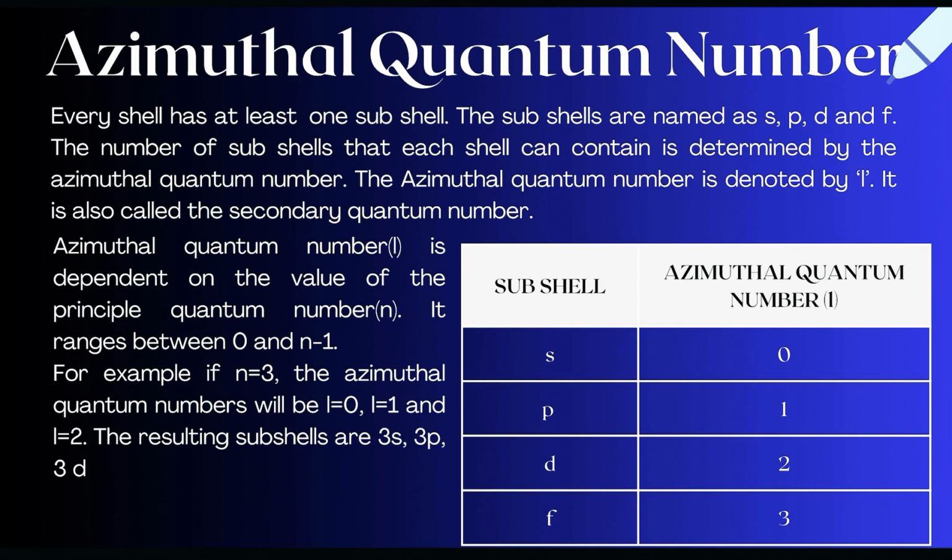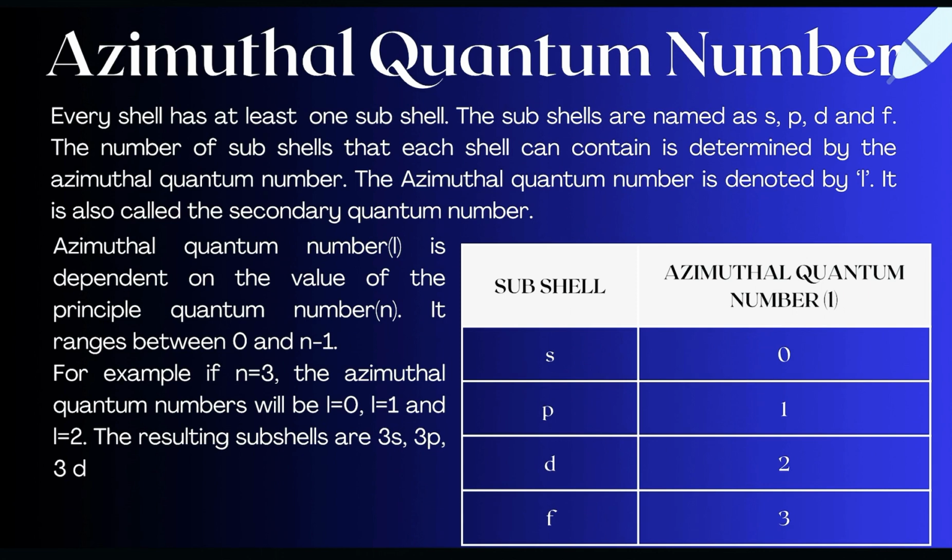Now the point is how many subshells can one shell hold, right? That can also be determined from this azimuthal quantum number, which is denoted by l, and it is dependent on the principal quantum number.